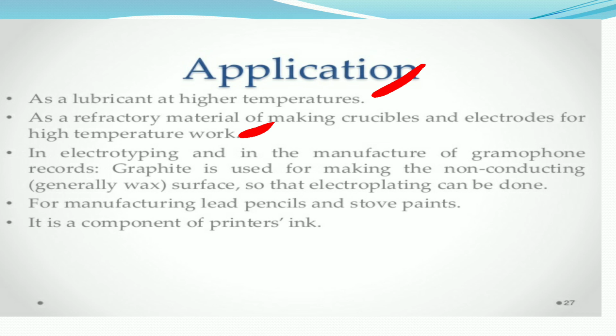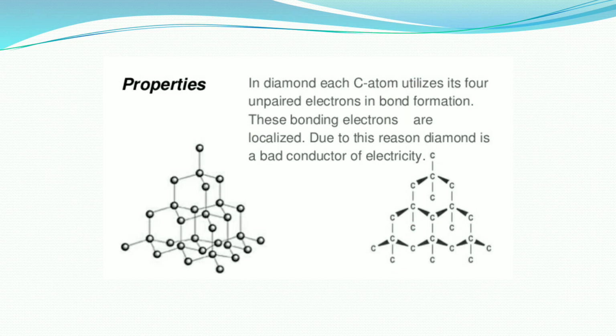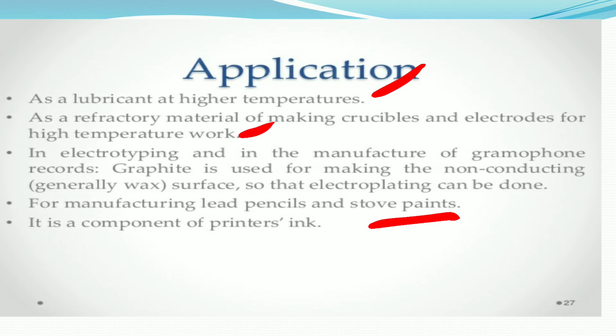In electrotyping and in the manufacture of gramophone records, graphite is used for making the non-conducting surface conductive so that electroplating can be done. It is used for manufacturing lead pencils and stop pens, and also it is a component of printer ink. Okay, this is about graphite.